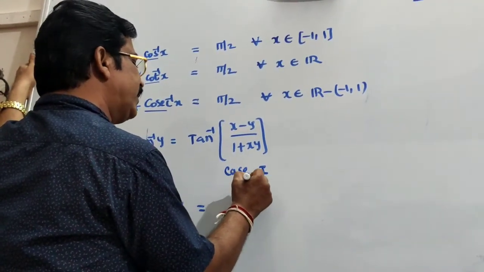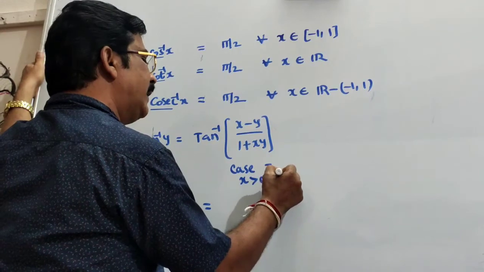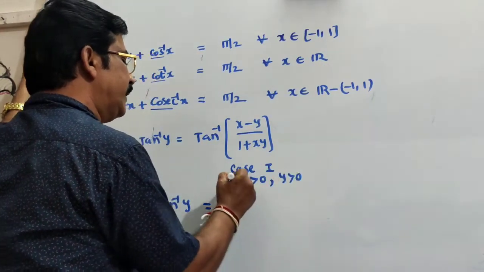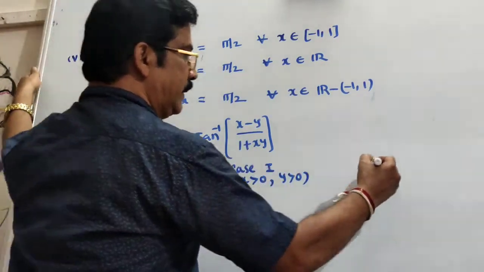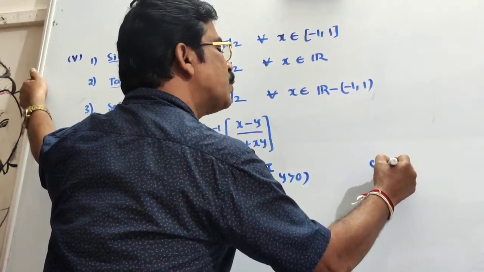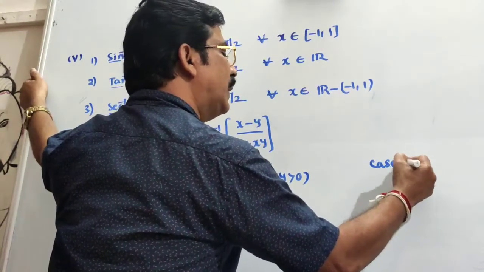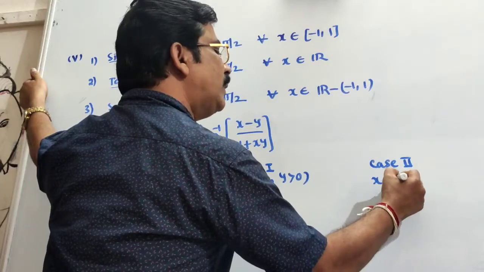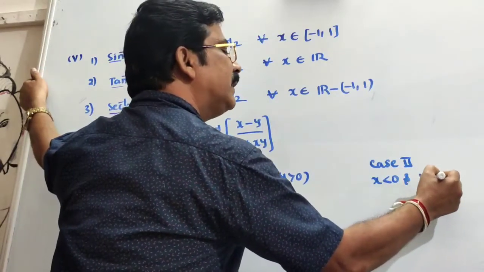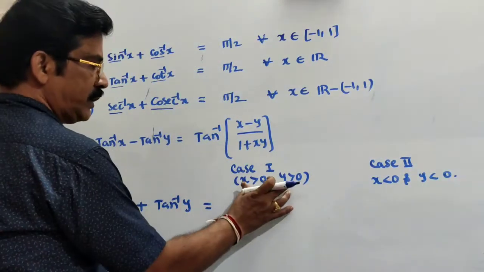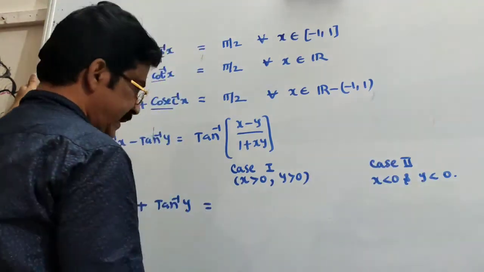Here tan inverse x plus tan inverse y is equal to, for case 1, x positive and y positive. This is case 1. Next it is case 2, x negative and y negative. Both are positive case, both are negative case.